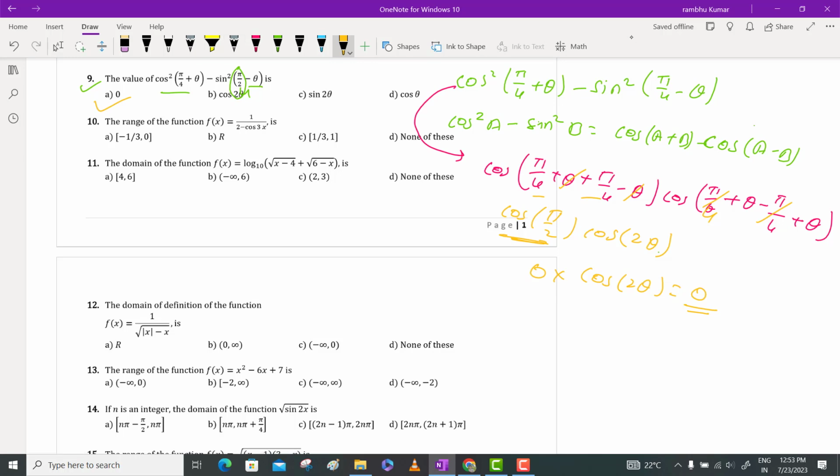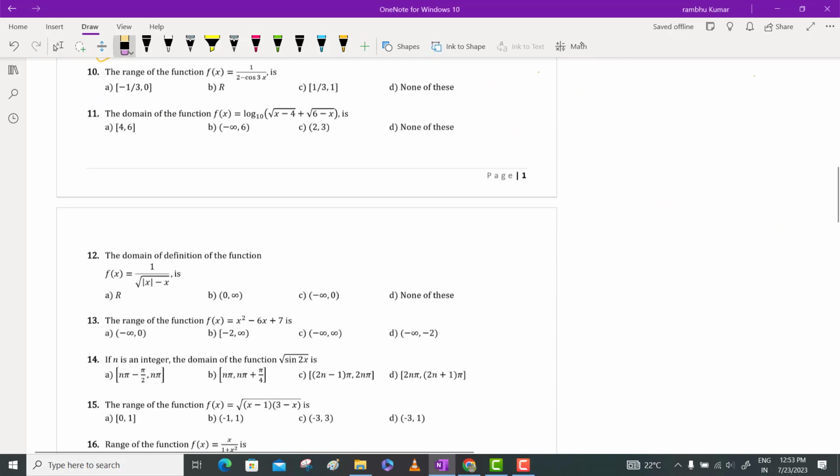Okay, in this question they are asking to find the range. Now the range of f of x. So here f of x is given to us as 1 by 2 minus cos 3x. So finding the range, we all know cos 3x lies in between 1 and minus 1.